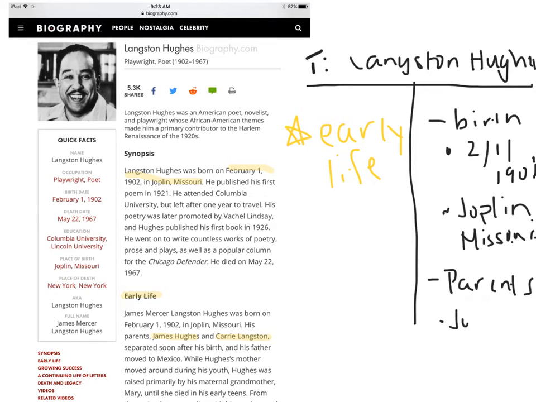So we have James Hughes and Carrie Langston. Then I would continue to read and put more information under my early life.